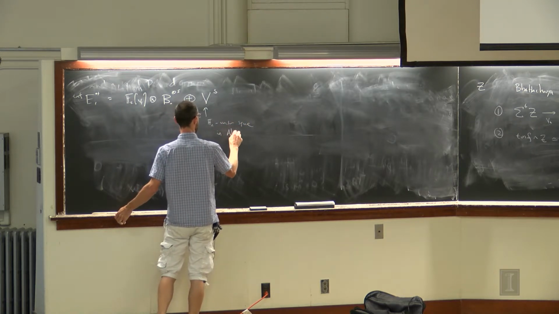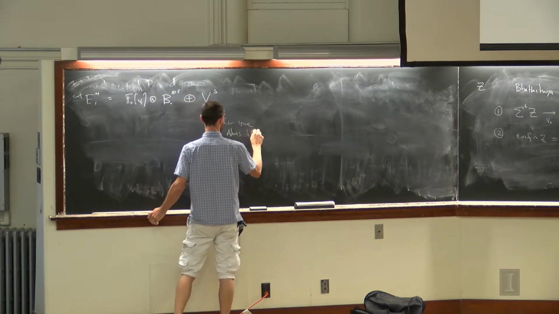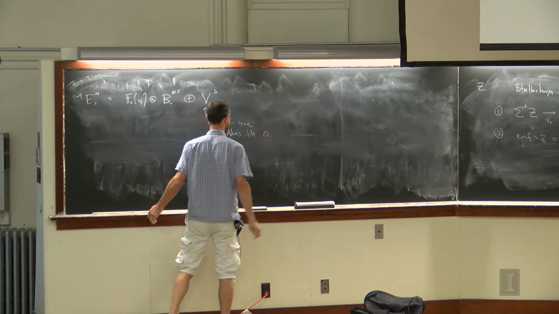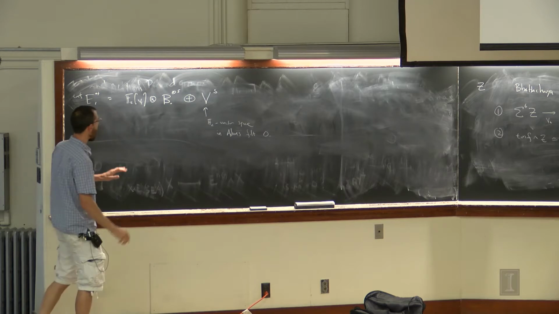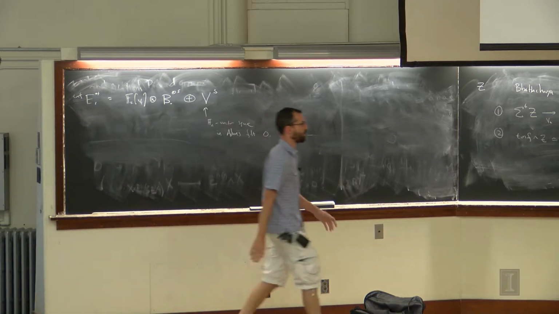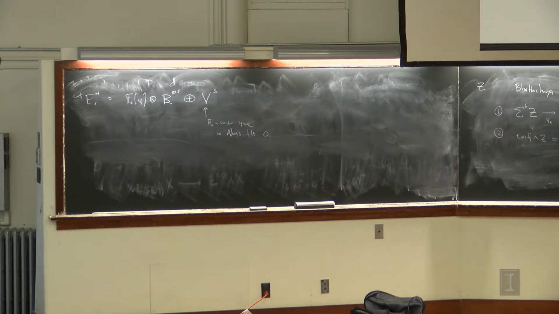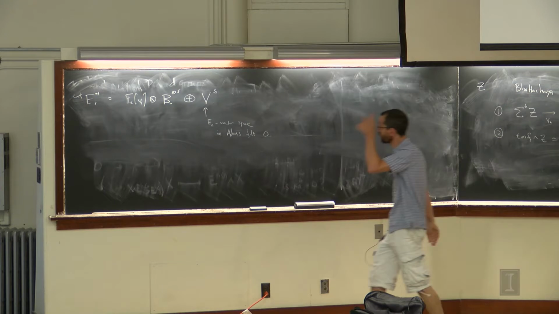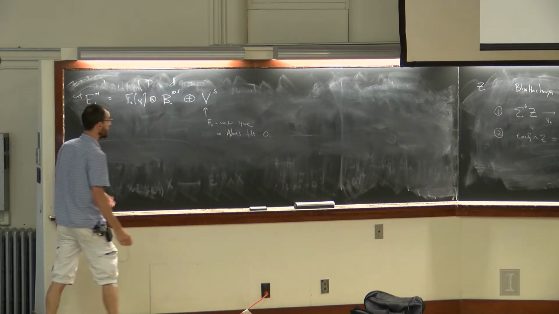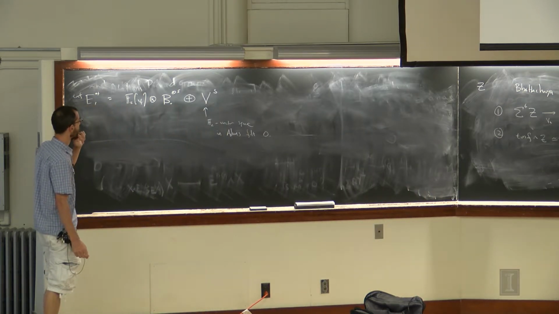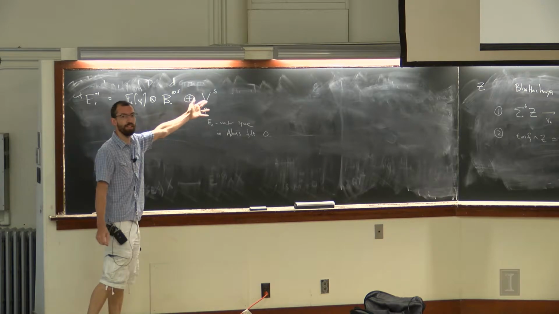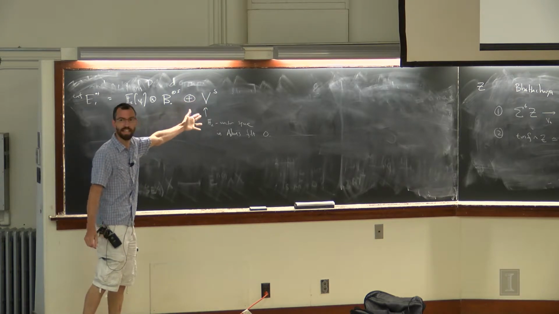So this thing is an F2 vector space in Adams filtration 0. So classical Adams filtration 0, like if I'm using the Adams spectral sequence to compute the E1 term. You could compute what this is, but it would be really annoying.